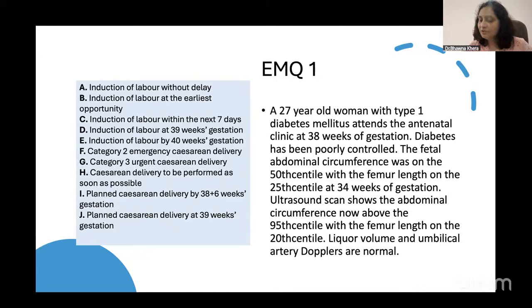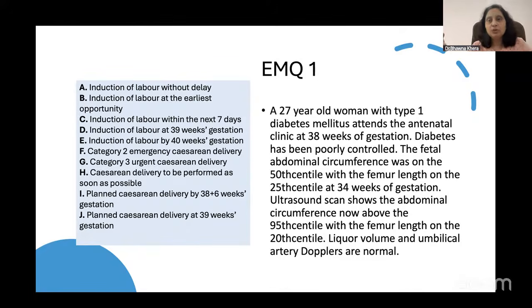And the last option, D, is planned cesarean delivery at 39 weeks. What I get from all of your answers is that everybody knows it's time to deliver. But we have to decide two things: whether we need to deliver now or whether we should take some time.